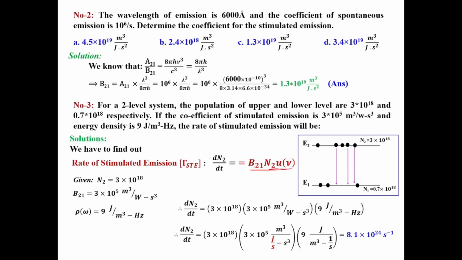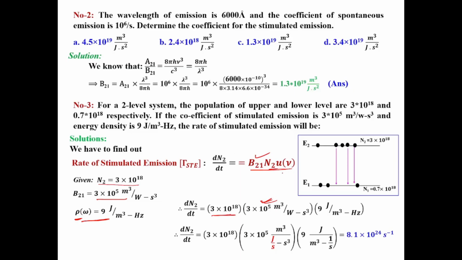All the values are given in the question. So the B21 value I have to substitute here. N2 is given, 3 into 10 to the power 18, and U mu, or rho omega, I have to write it itself, it will be better. Energy density means U mu.